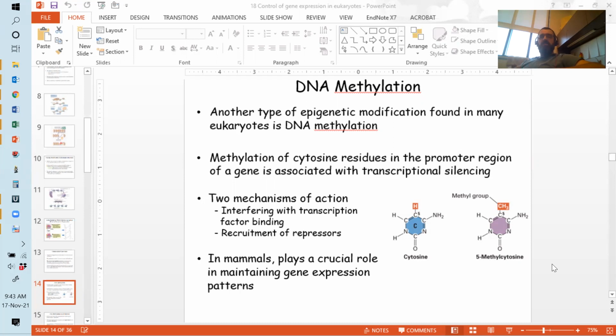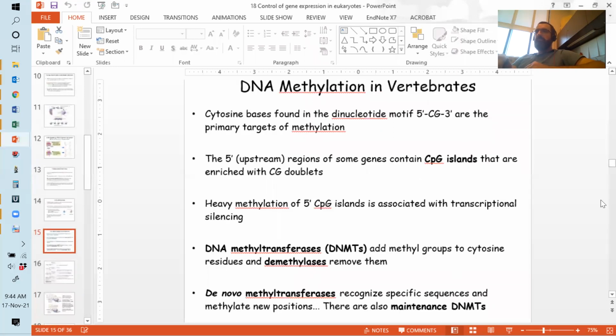And it's really interesting that these are called CpG islands. These CpG islands, essentially sites of DNA methylation, are often found in regulatory promoters.